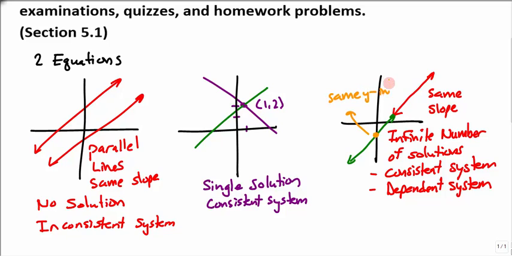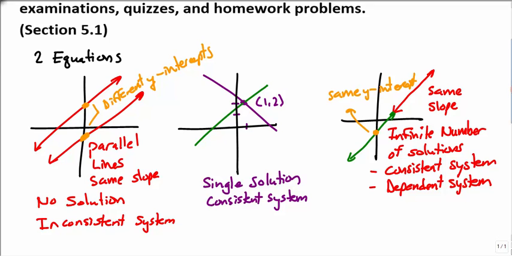Now if we were to extend the red line, it would overlap right over the green, whereas over here we have different y-intercepts. So visually this is what we're up to today.